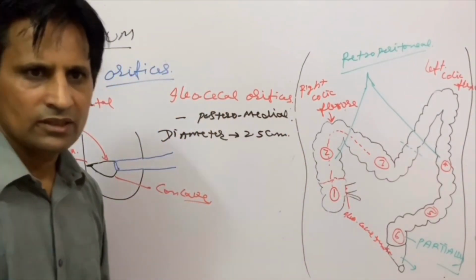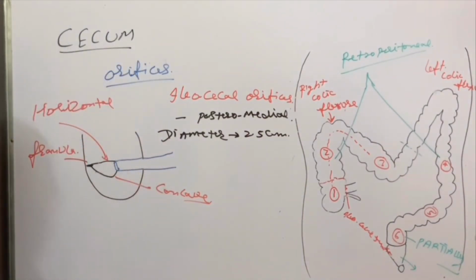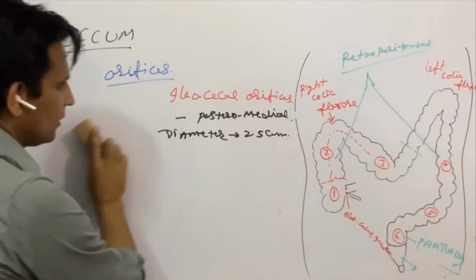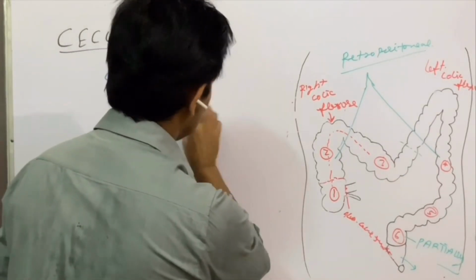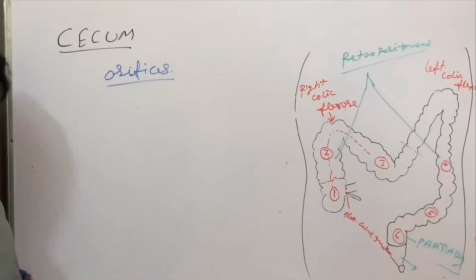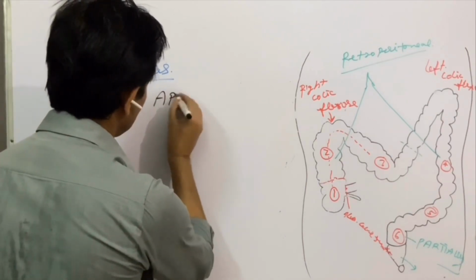ileocecal orifice. Let's come to the appendicular orifice. Appendicular orifice means the opening of the appendix in the cecum. So, the second one is the appendicular orifice.